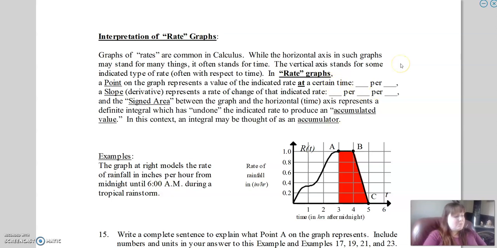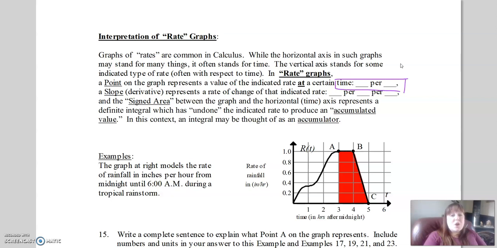And this is really important. We had a question on the last test that dealt with deer population, and a lot of people forgot that the rate of change, we need to have some units on it. So think about this, something per something, right? So inches per hour is what a rate would be.